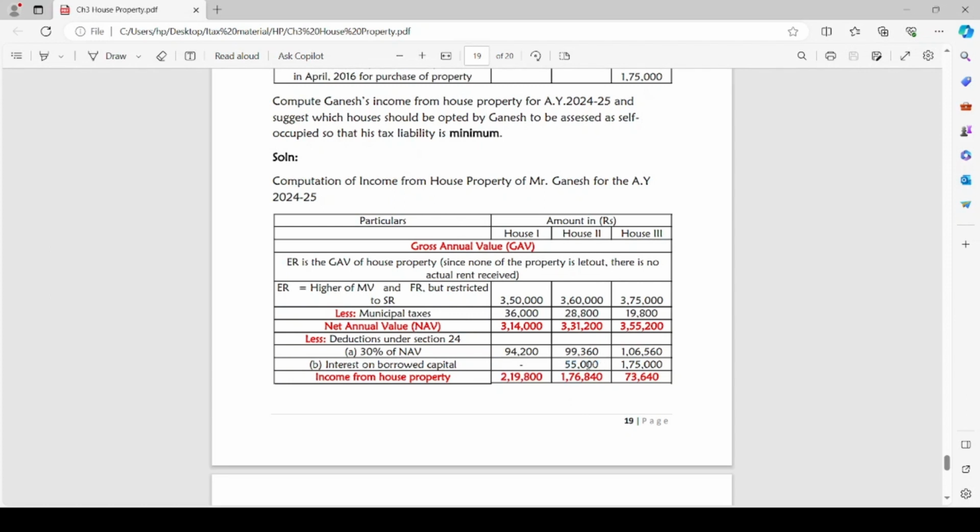Mr. Ganesh cannot claim rupees 55,000 as the interest on borrowed capital. He has to claim only 30,000. Since house property 2 is self-occupied, the NAV will be nil. The section 24A deduction cannot be claimed when the NAV is nil, and interest on borrowed capital is restricted to only rupees 30,000.